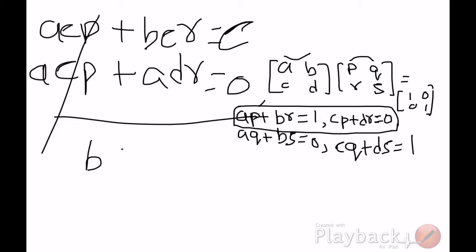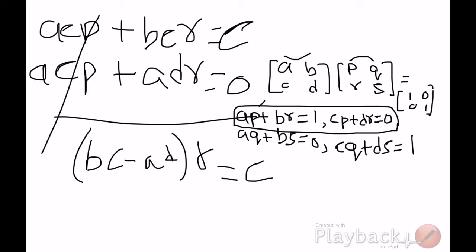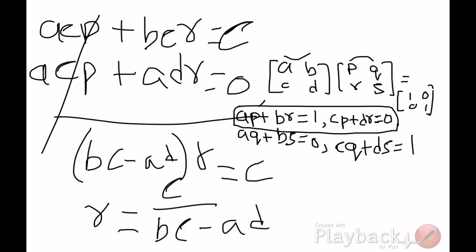Here you can take out BC minus AD common, and we got R. Ooh, look at that. Most of these are already constants. R equals C over BC minus AD. And this we can also write as negative C over AD minus BC.